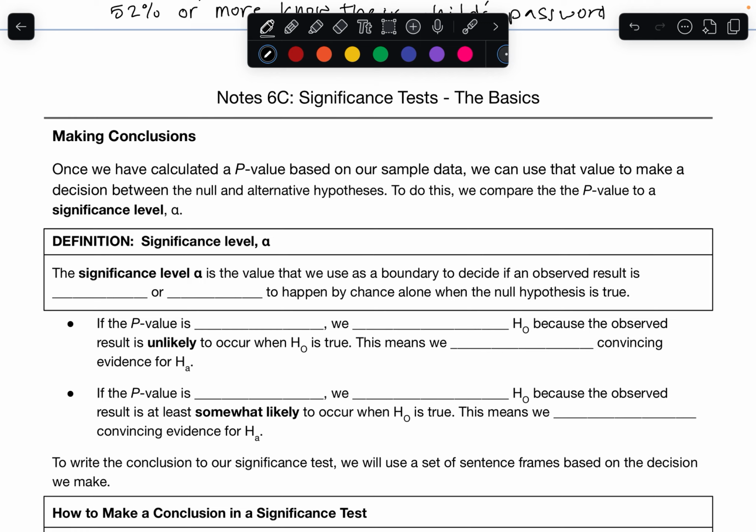So the significance level is the value that we use as a boundary to decide if an observed result is likely or unlikely to happen by chance alone, assuming the null hypothesis is true.